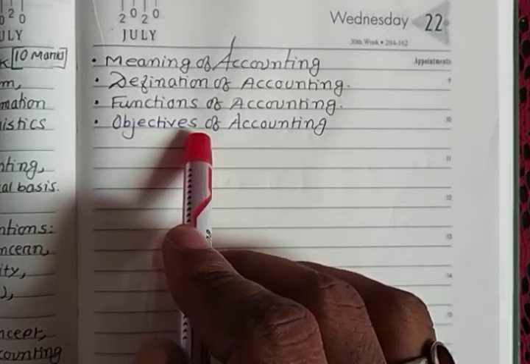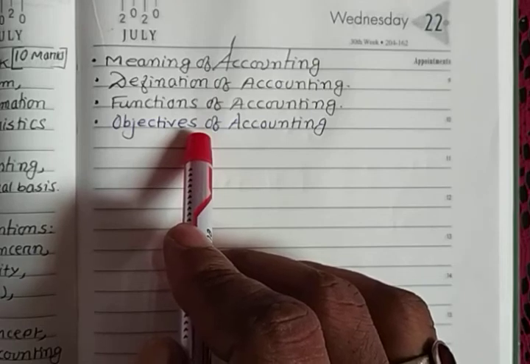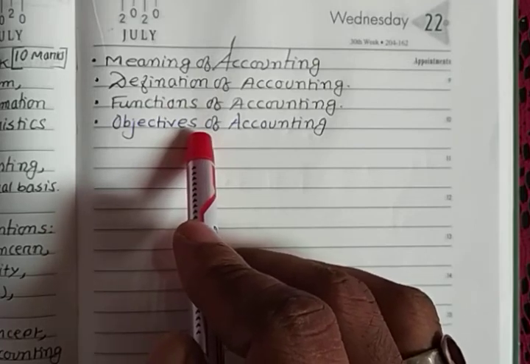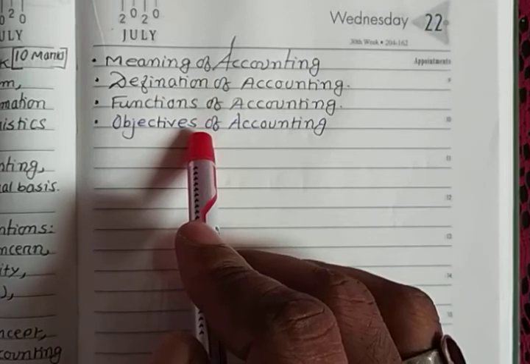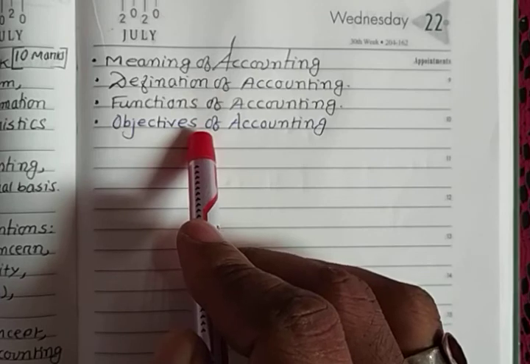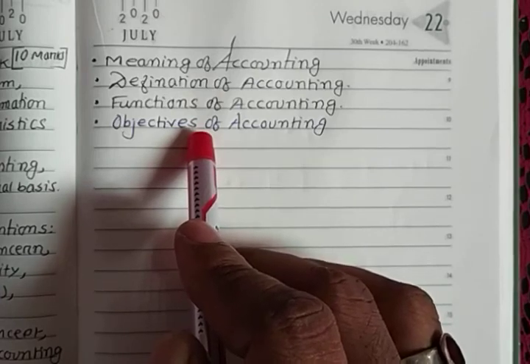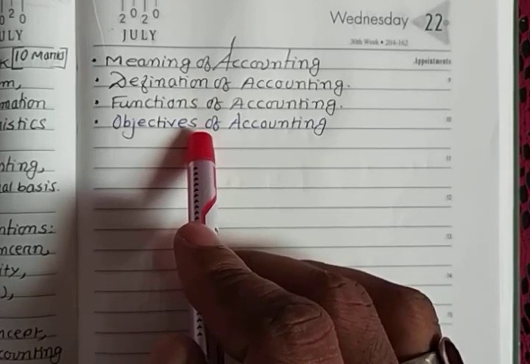Point number 4, providing information, or you can say providing accounting information to the various users. After preparing the trading account, the profit and loss account, and the balance sheet, this information you have to communicate to the different users.